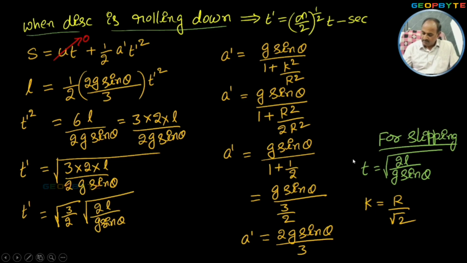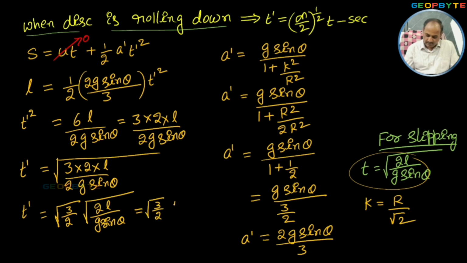But look at the root of 2L by g sin theta, which is equal to T only. So finally it is equal to root 3 by 2 times the time required for slipping down.